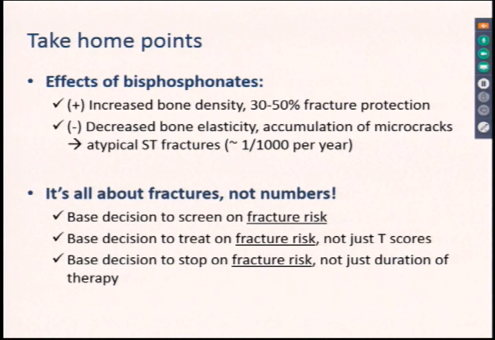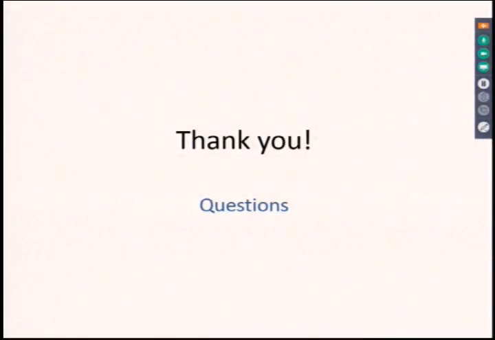And you need to base the decision to stop, again, on their fracture risk, not just duration. So clear-cut algorithmic rules do not necessarily apply in every patient here. There are guidelines, but we've got to think of the context of the patient for those decisions. And I think that's my talk. I'm happy to take questions.